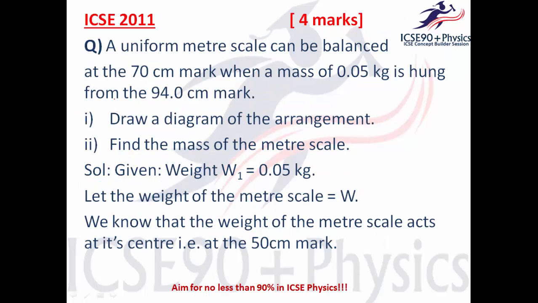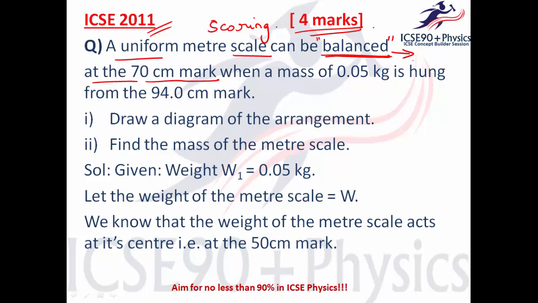So with that, let us take a look at a question straight from ICSE 2011 worth 4 marks. Notice that this is a very scoring question. The question reads that a uniform meter scale can be balanced at the 70 centimeter mark, right? This is very important. It can be balanced. This is a keyword over here. What does this indicate?